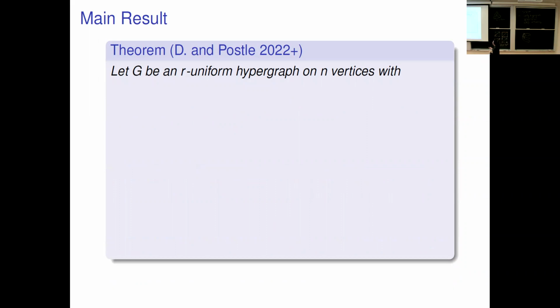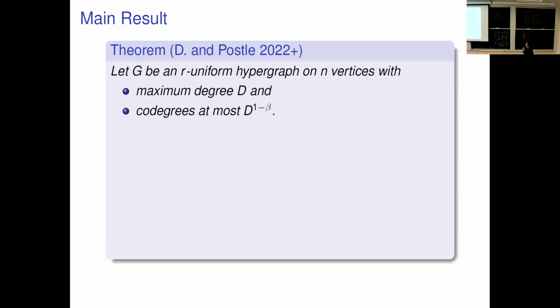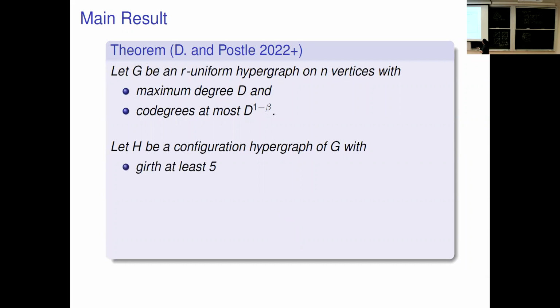But in general, we have a situation where we have some hypergraph, and it's r-uniform on n vertices with bounded maximum degree, bounded codegree in terms of the maximum degree. And we have found this configuration hypergraph of G with the things that we want to forbid.